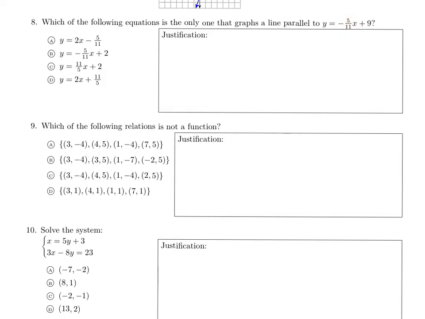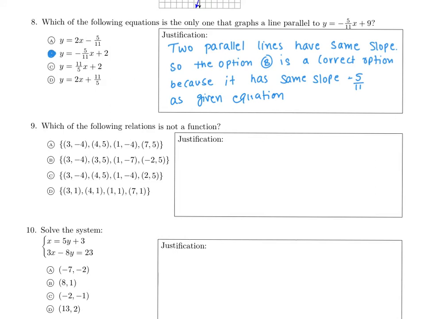So the same slope is going to be option B, because two parallel lines have the same slope. So option B is the correct option because it has the same slope of -5 over 11 as given in the original equation.